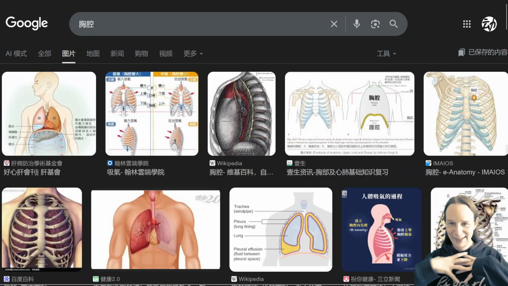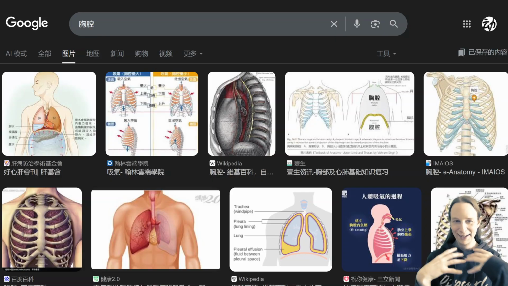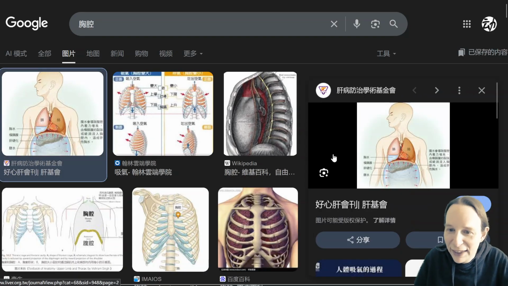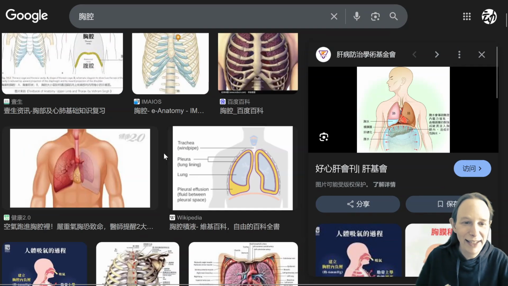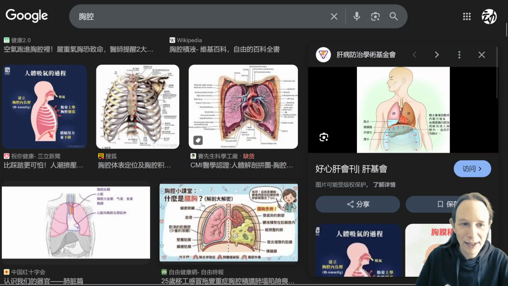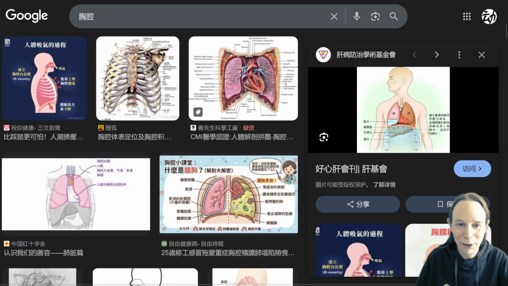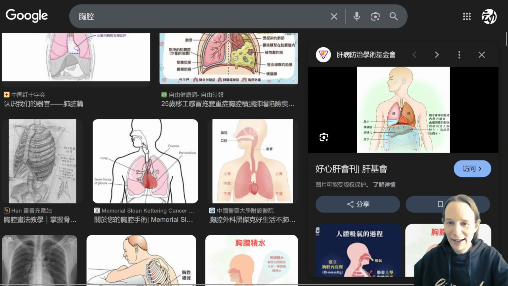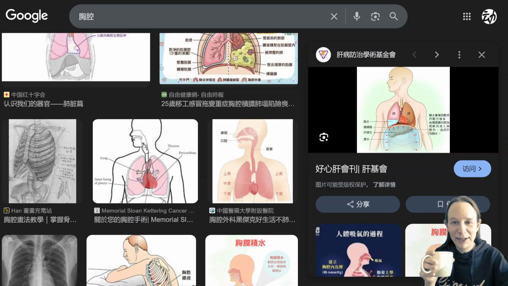So it's this part, but the inside where you keep things. You keep your lungs, apparently. So your lungs are in your 胸腔, your thoracic cavity. Oh, and your heart. Are those lungs or liver? No, lungs. All right. I'm learning medicine here.